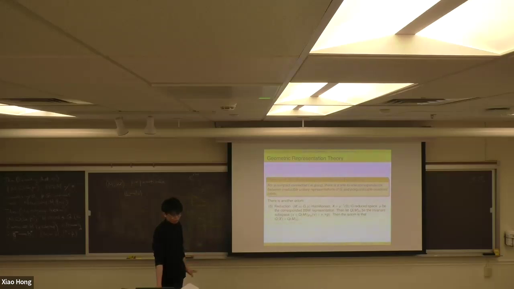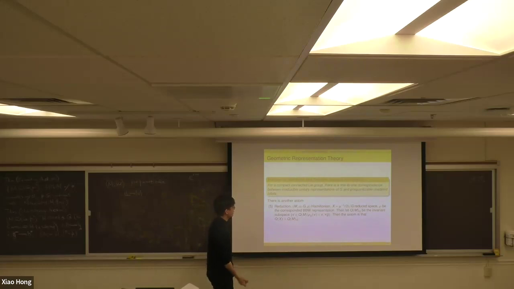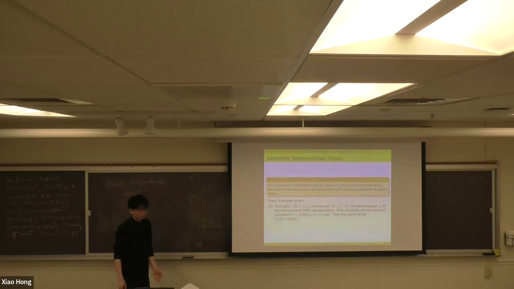And there is a last axiom for that pre-quantum Hilbert space, which is the reduction one. For a Hamiltonian G space, you have a reduced space from the zero level set, and you're given a pre-quantizable coadjoint orbit.